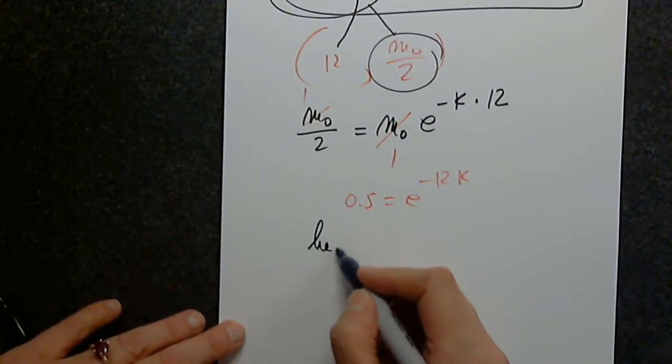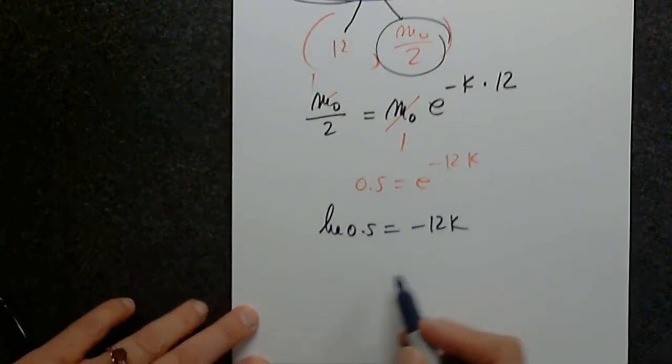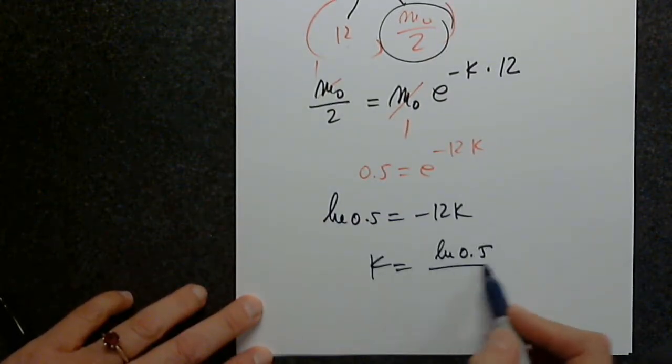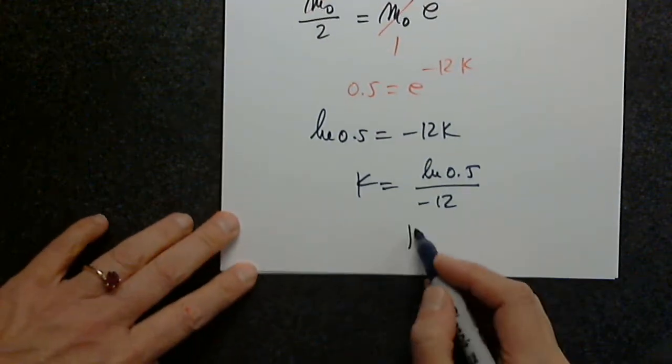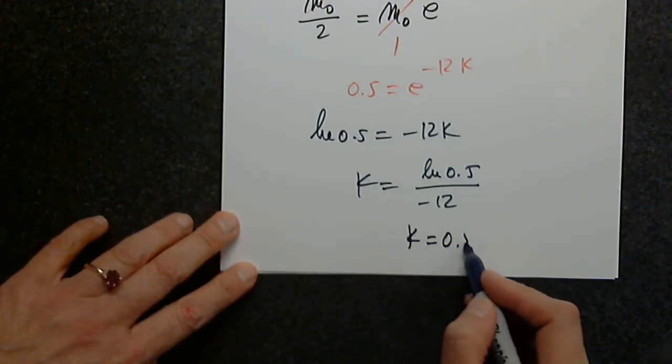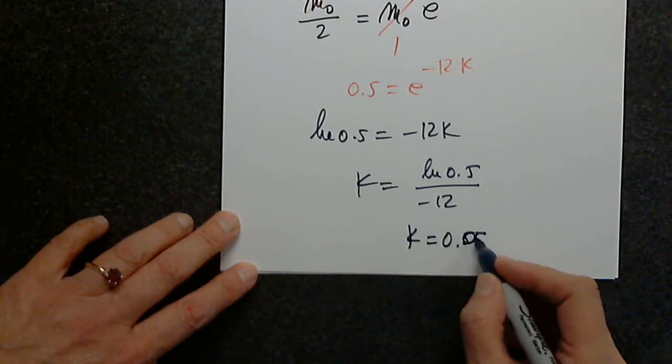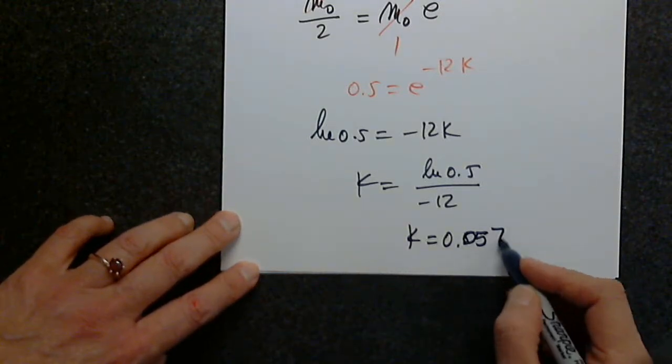So natural log 0.5 equals negative 12K. So K equals natural log 0.5 over negative 12. And let's see how much is K. I got natural log 0.5 divided by negative 12, approximately 0.05776.